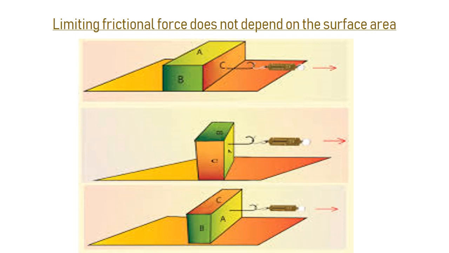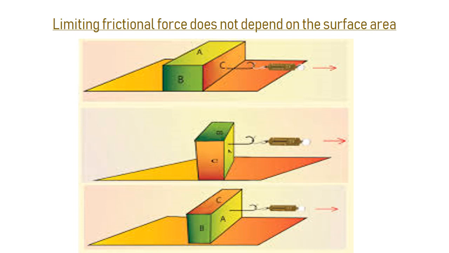Okay, so by using the Newton balance like the previous practical, they are starting from a small force and gradually increasing the force. At one point, this object will tend to move on all three surfaces.